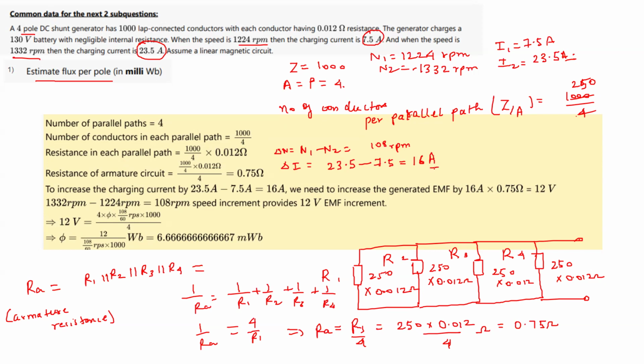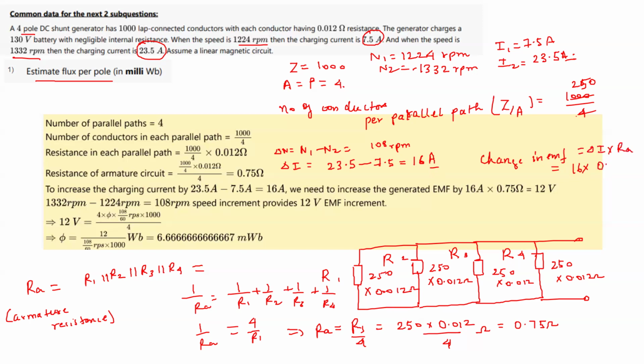Now basically, in both the cases, what will be the change in the EMF? The change in EMF will be equal to this current into the armature resistance RA. So it will be delta I into RA.